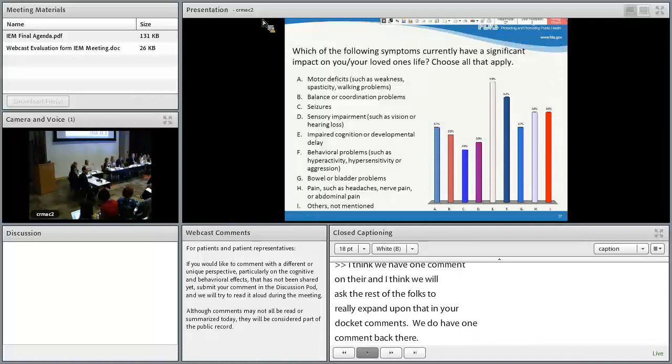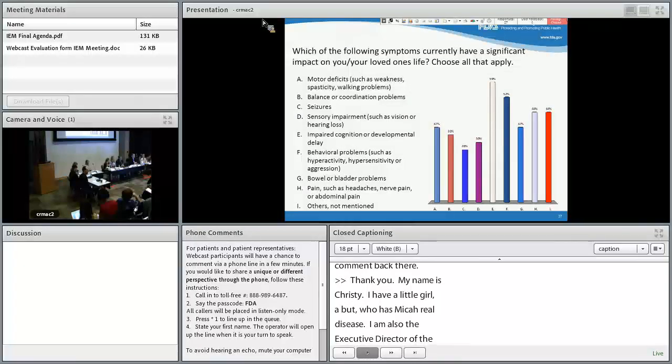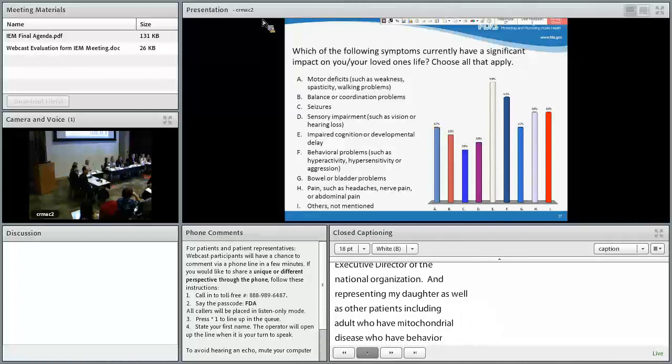Thank you. My name is Christy Balcells, and I have a little girl, Ava, who has mitochondrial disease. I'm also the executive director of a national organization, MitoAction. And in representing my daughter, as well as other patients, including adults who have mitochondrial disease, who have behavioral problems and impaired cognition or developmental delay, I think that there's a stigma in those symptoms, such as depression, that it's situational.